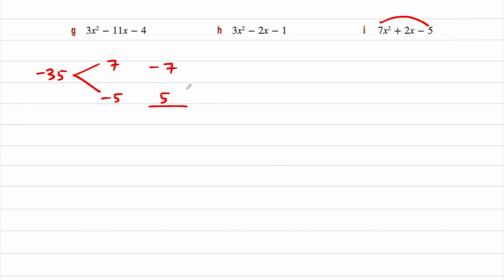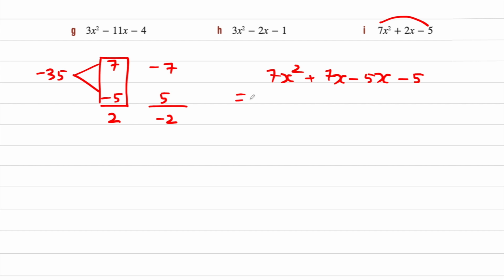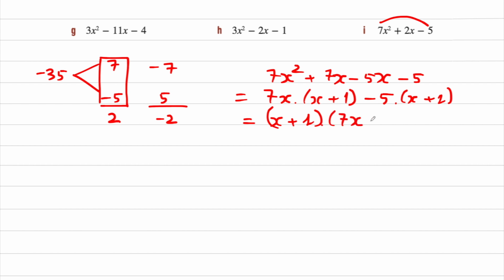I have this sum equal to 2 and this sum equal to minus 2 here, so I will choose the first one. 7x squared plus 7x minus 5x and minus 5. Take 7x outside, x plus 1. Take minus 5 outside, x plus 1 in here. This means x plus 1 multiplied with 7x minus 5. Yeah, we finished this question.